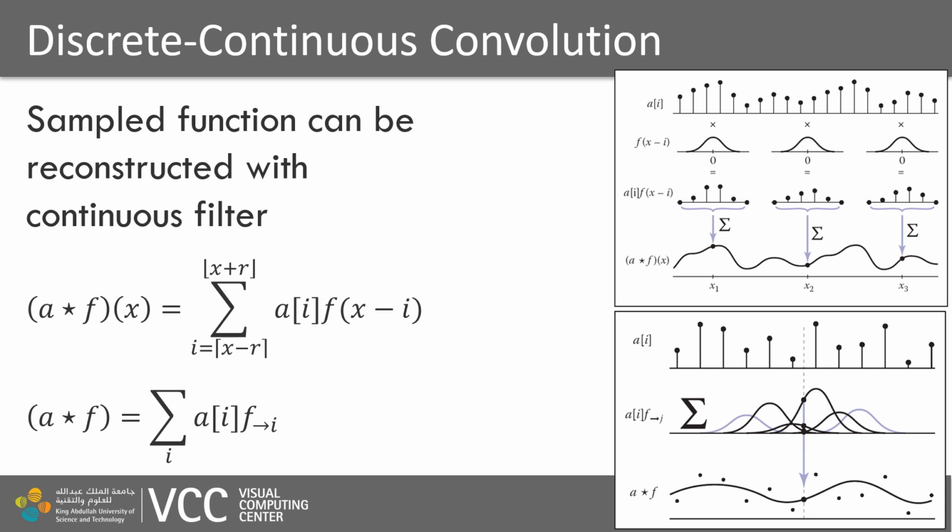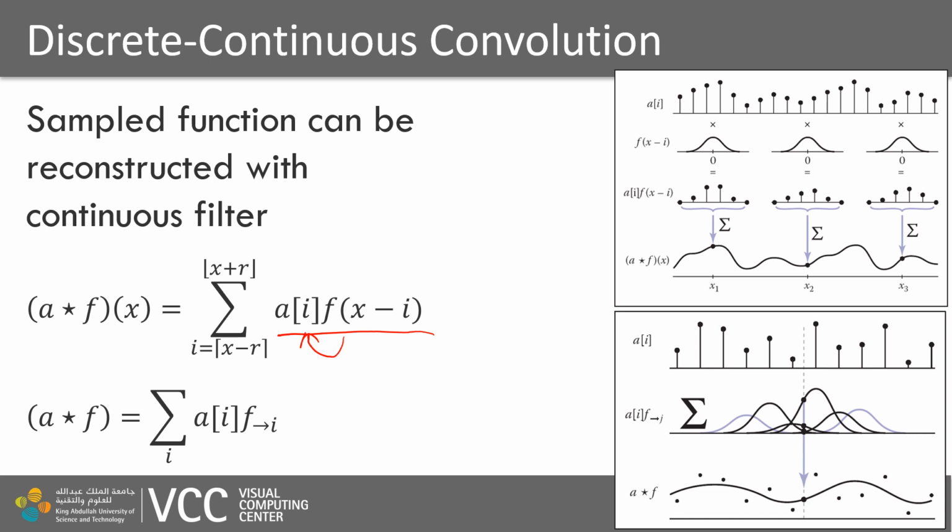Therefore, for a continuous filter and a discrete set of samples, we have here a definition where our filter is continuous and is giving a particular weight at the intersection with some integer, and this particular weight is then weighting our discrete sample.